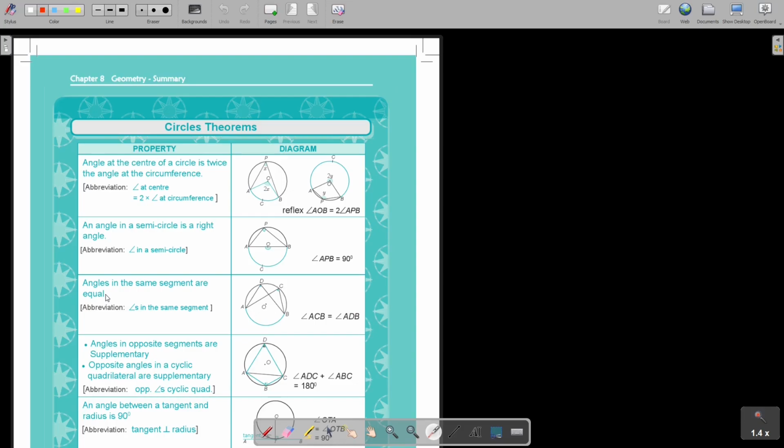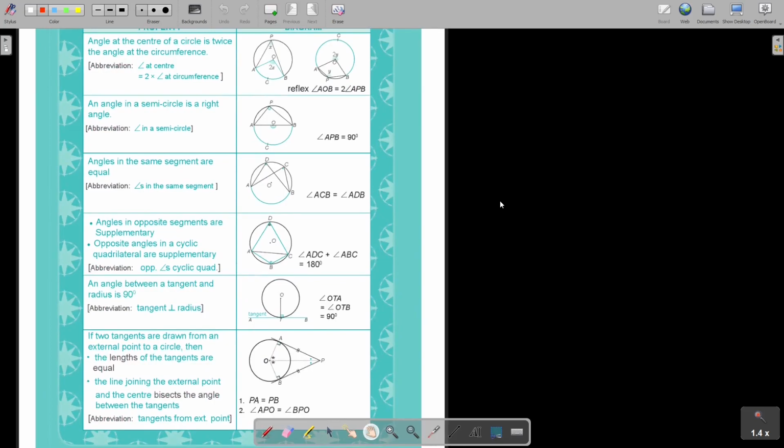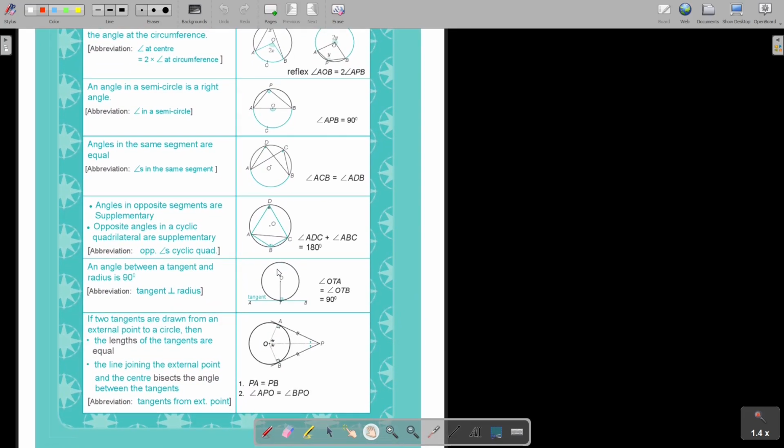And then angles in opposite segments are supplementary. That's a cyclic quadrilateral. Okay. And then you have the angle between a tangent and a radius. And then this one is the sixth one. But if they draw 2 tangents, then those will be equal.